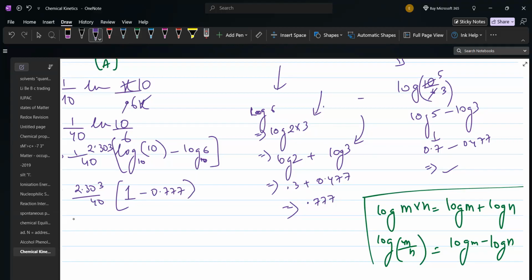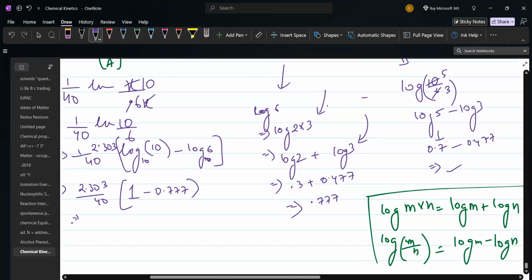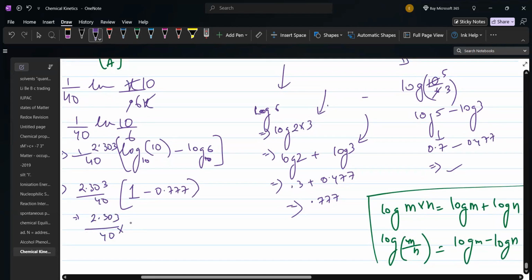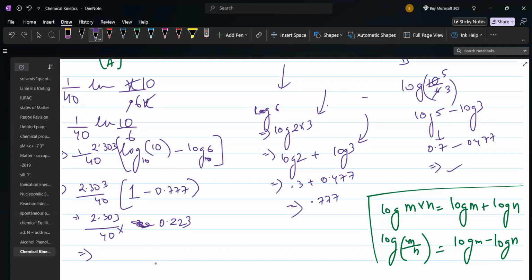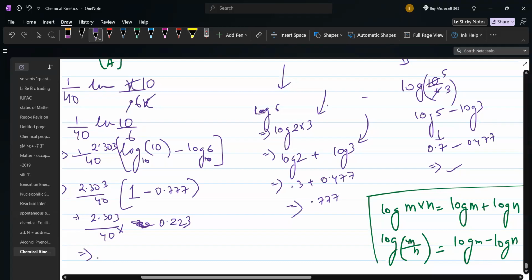So then we are getting 2.303 upon 40 into this will become 0.223. And then after solving this, you have to multiply and solve. This will come 1.2 into 10 to the power of minus 2.